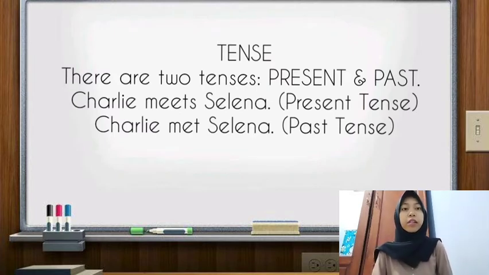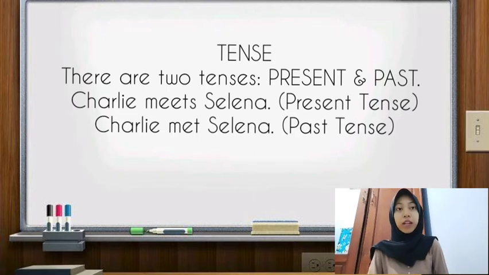Okay, now we learn about the tenses. There are two tenses, present and past. For example, Charlie meets Selena is present tense and Charlie met Selena is past tense. Okay, let's practice so that we can more understand.